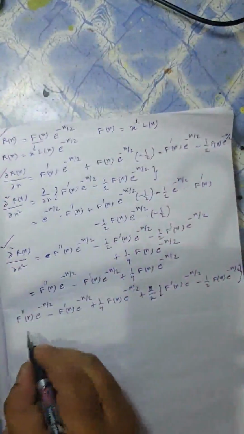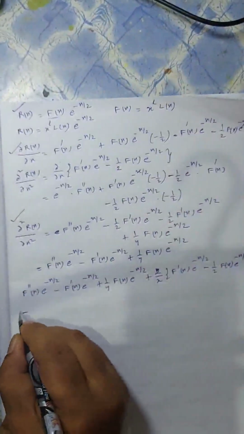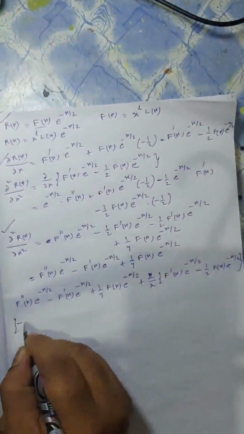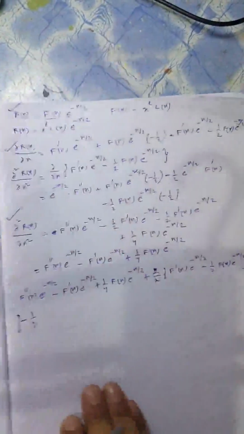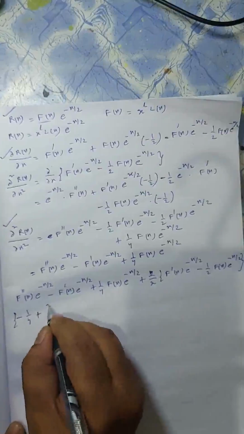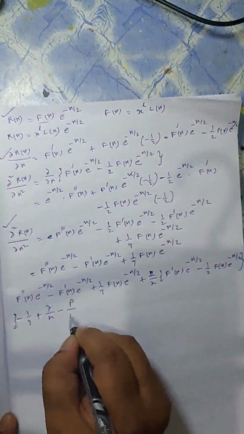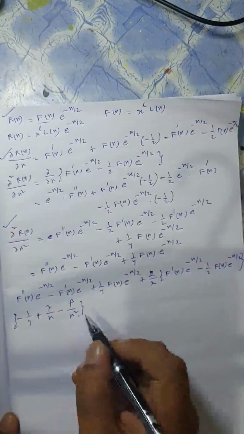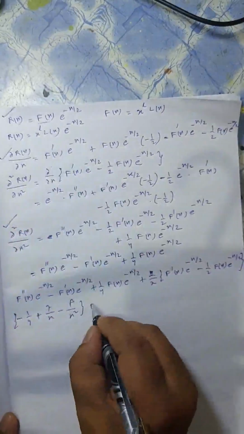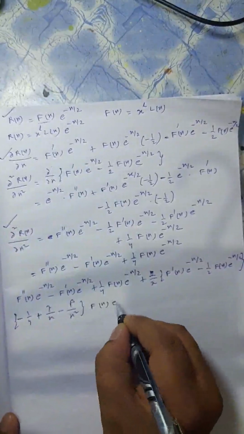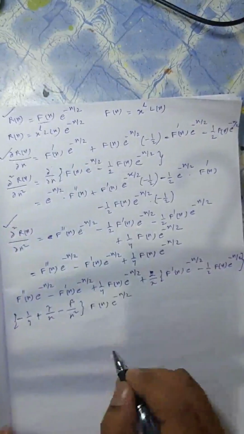Minus 1 by 4, minus bracket, 1 by 4, lambda by x plus lambda by x minus beta by x squared. In place of R I write this one, F(x) e to the power minus x by 2.